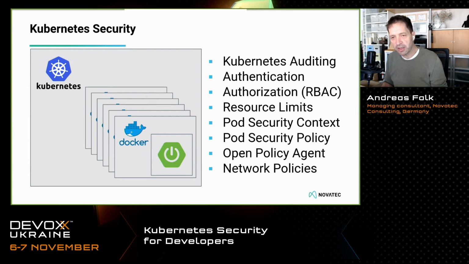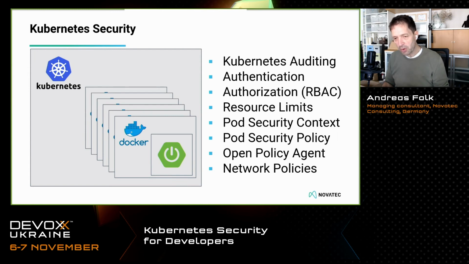Kubernetes also provides authentication and authorization. You can do the same stuff that you have done on Docker. You can set resource limits, and by using pod security contexts and pod security policies, you can restrict your containers from running with a root context. You can drop capabilities.